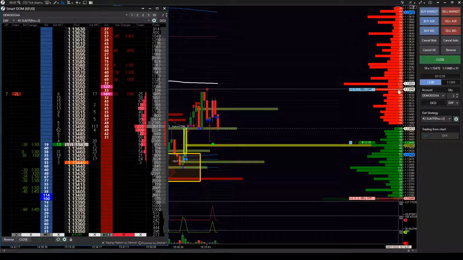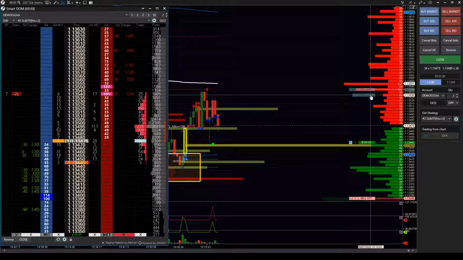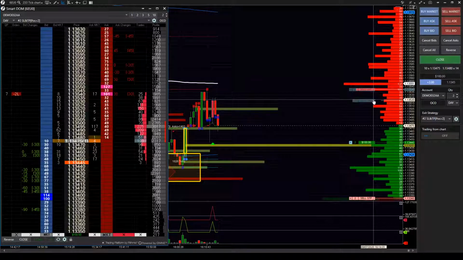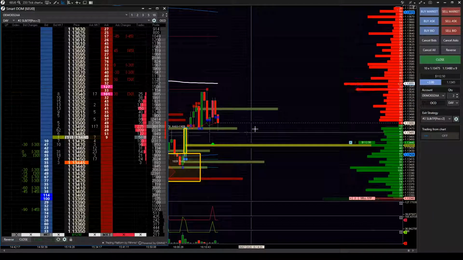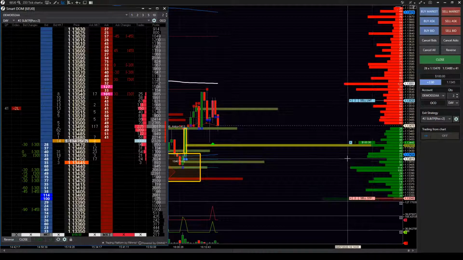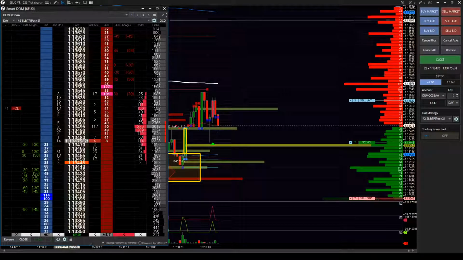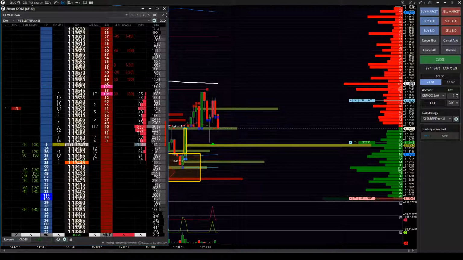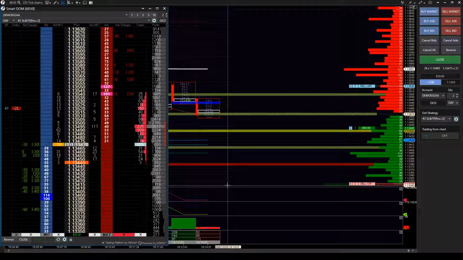We can see how liquidity is being added here, so I'm gonna lower my exit a little bit, because we can just be reactive to what's going on. Let's move back to the clusters so we can see what's actually happening.